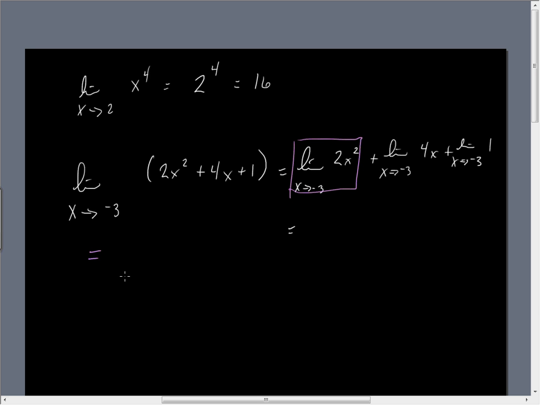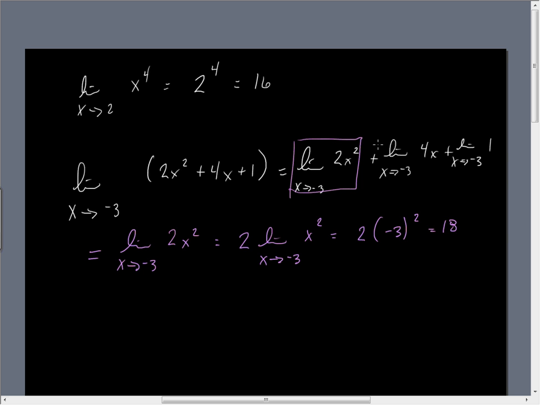By our first property of limits, as x approaches -3, the limit of 2x squared is equal to 2 times the limit as x approaches -3 of x squared, which is equal to 2 times -3 squared, which is 18.